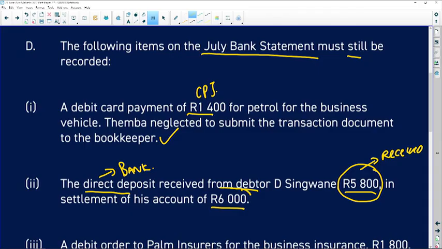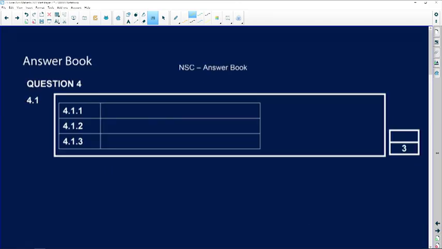Remember, the amount he owed is 6,000. Yes, we have given him a discount of 200 Rand, but remember, the discount has no impact on the bank reconciliation, right? Or our journals. We don't have to show this in terms of updating our CRJ and CPJ.